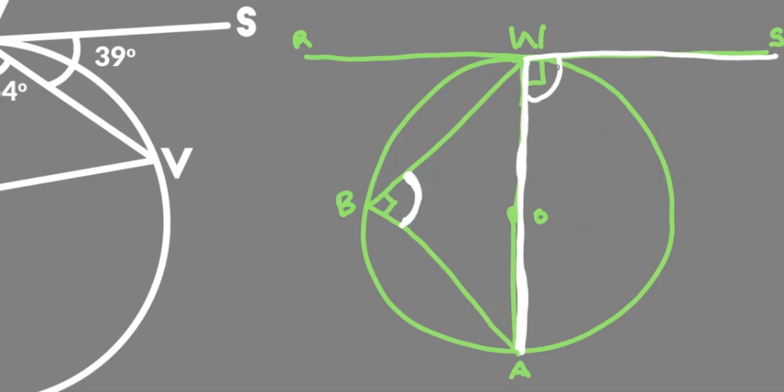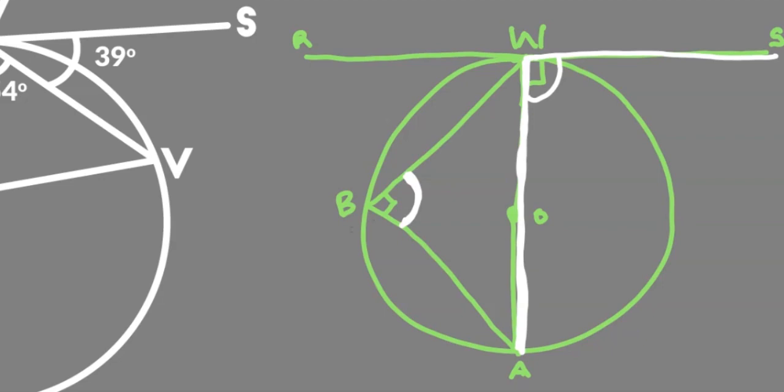Why? Because the angle formed between the tangent and this line is going to be equal to the angle that is opposite this line which has formed an angle with the tangent.